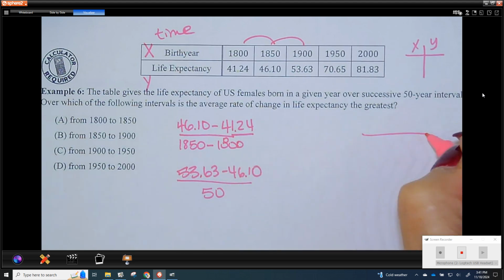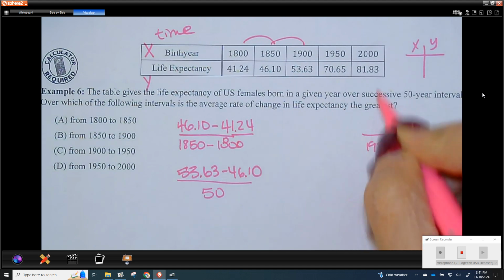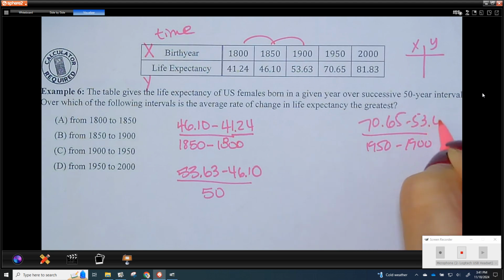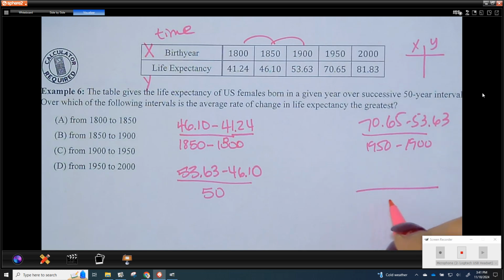And then 1900 to 1950, so 1950 minus 1900. And then the last is 1950 to 2000, 50 years, starting with 2000, 81.83 minus 70.65.